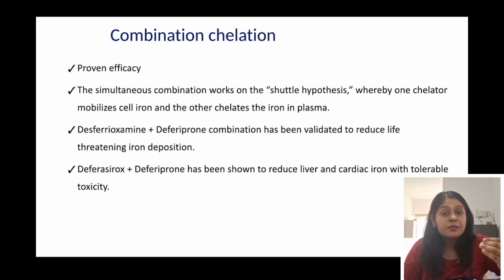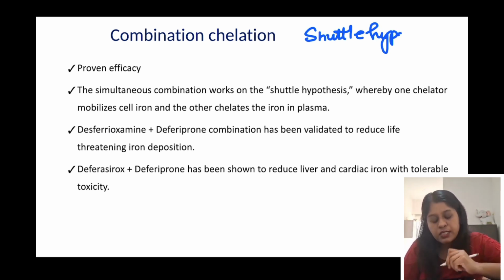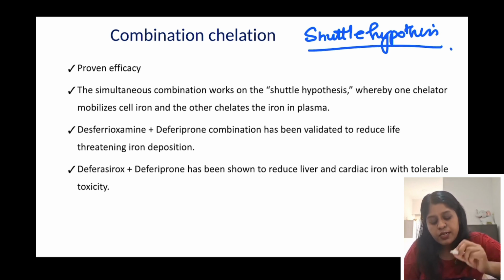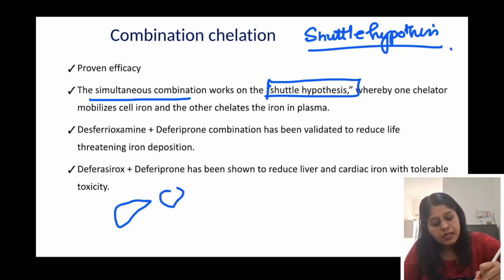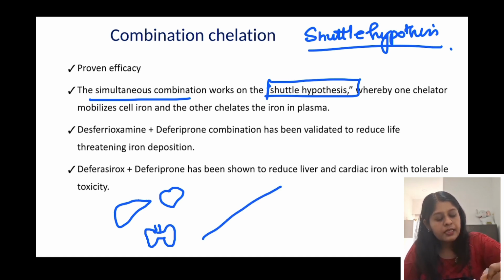So now there is something called shuttle hypothesis and combination therapy. What is this combination therapy? Chelation. It has proven efficacy. The simultaneous combination works on the shuttle hypothesis, whereby one chelator will mobilize the iron and the other one will chelate the iron in the plasma. We know that iron is accumulated in the endocrine glands, in the heart, in the liver, and blood also has some non-transferrin bound iron, and then you have to throw it out in the urine and the stools.